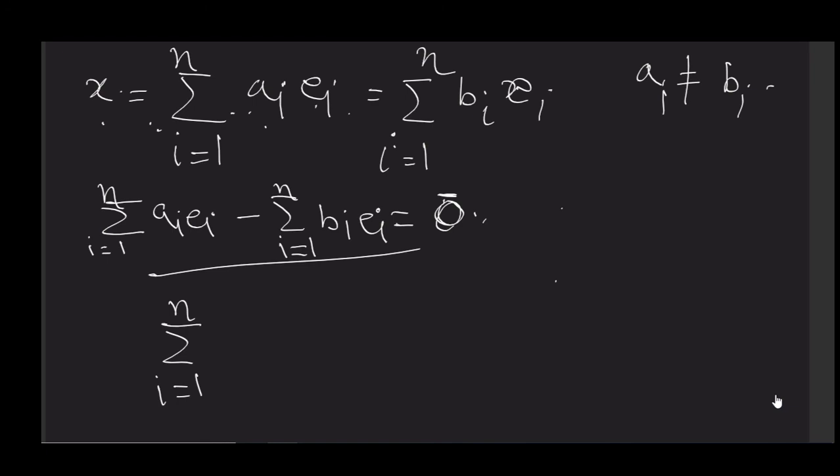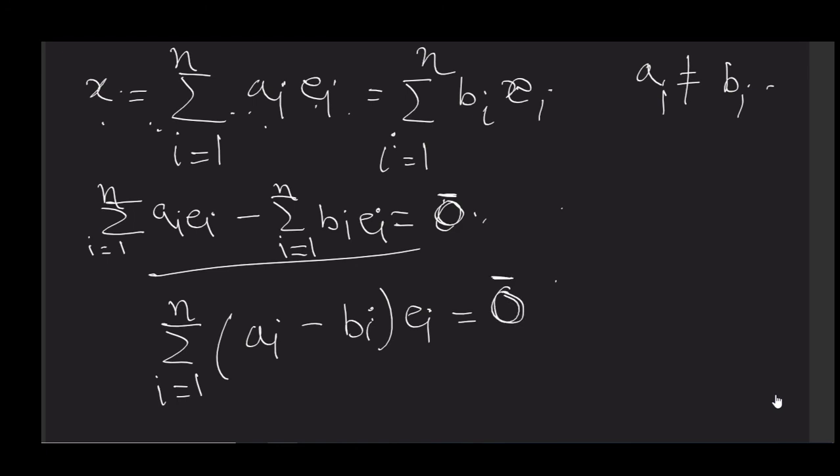Now as both of them are representing the vector element x, we can apply the distributive property, and that application of the distributive property will yield that it could be written like the sum of (a_i minus b_i) e_i is equal to the null vector.